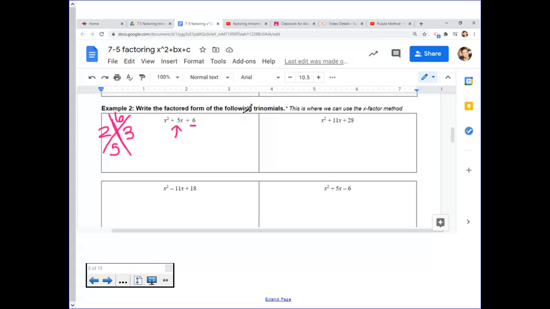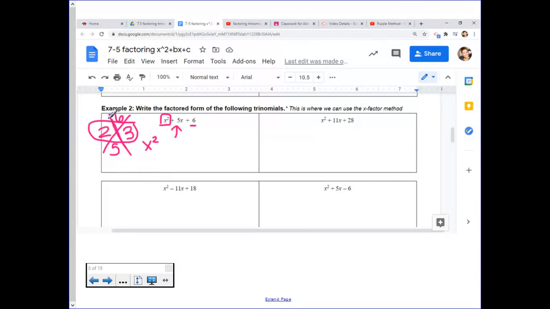Okay, this is where we use the X factor method. So now what we're going to do is we're going to rewrite the first term. The first term was x squared. You just got these two numbers, 2 and 3. Those are the answers to the X factor method.